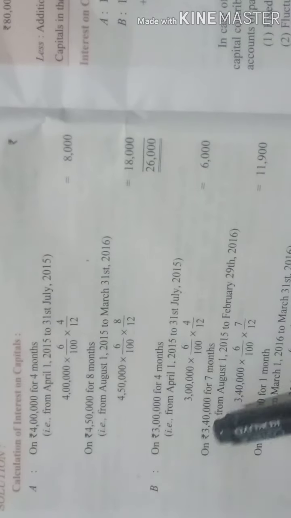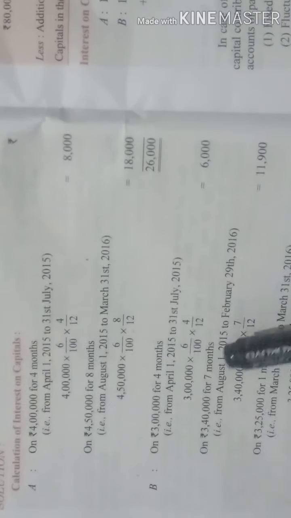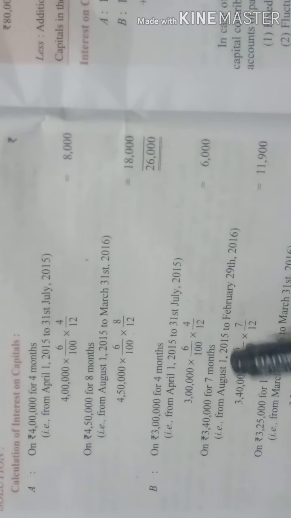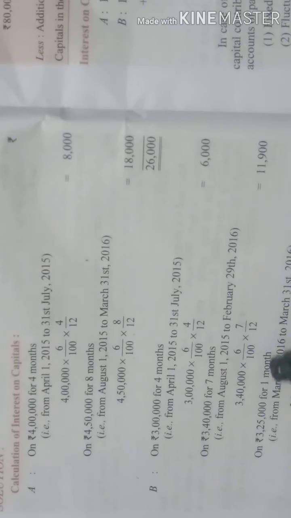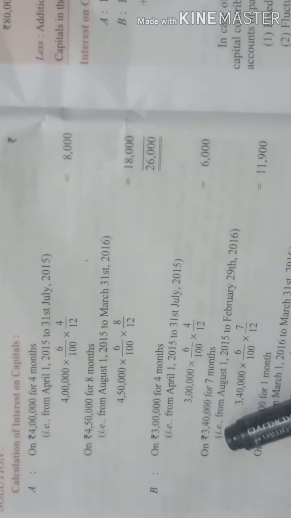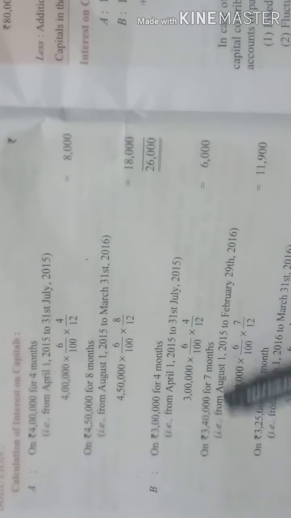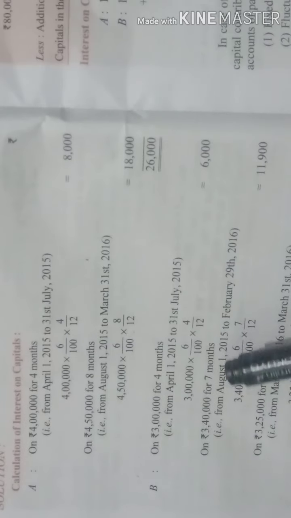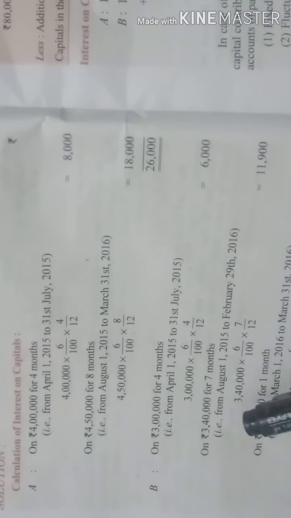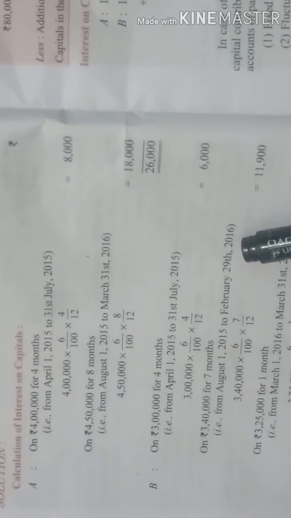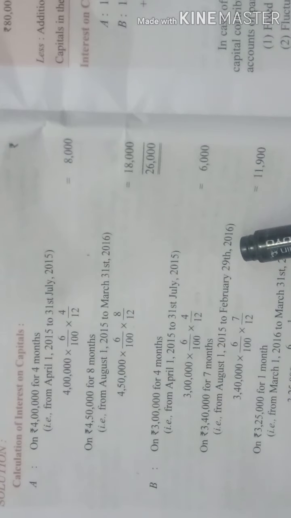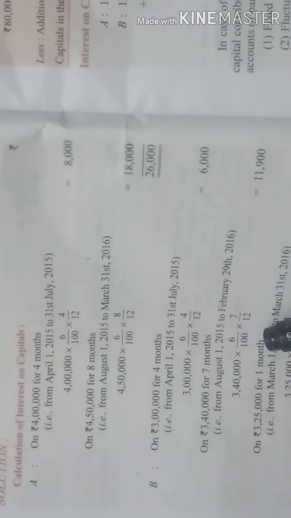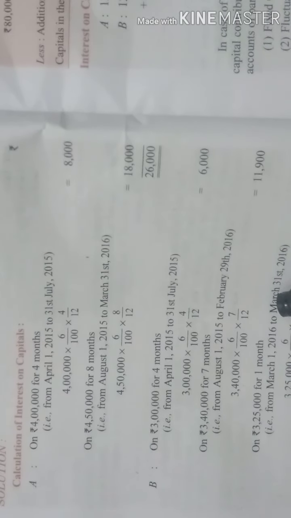Now 3,40,000, that is for 7 months. How 7 months? Because on 1st March, what he did? He withdrew 15,000. So till 1st March, his capital was 3,40,000. That is for further 7 months, from 1st August to 1st March, that is 29th February. You can say 3,40,000, 6% into 7 by 12.